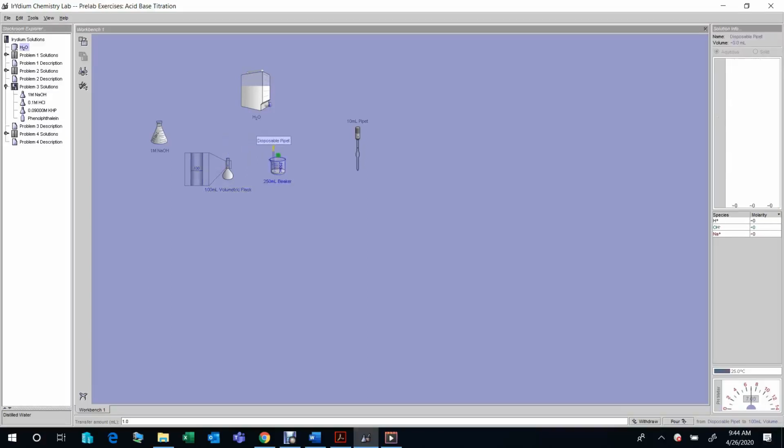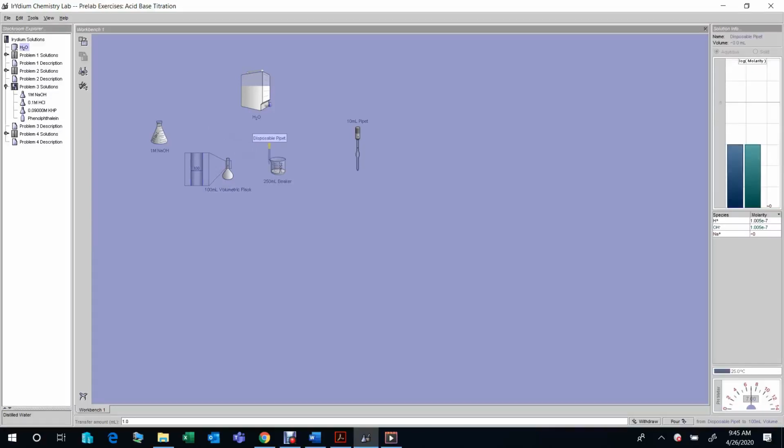Okay. So withdraw, and then pour. You see the solution level still has not reached here.